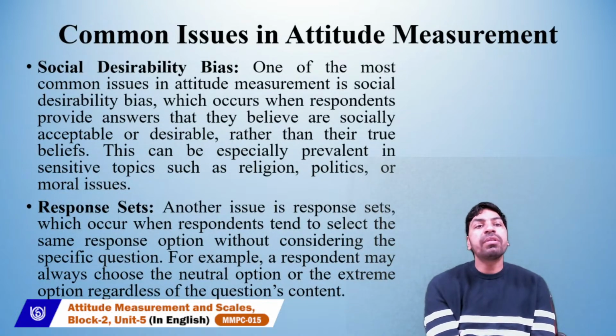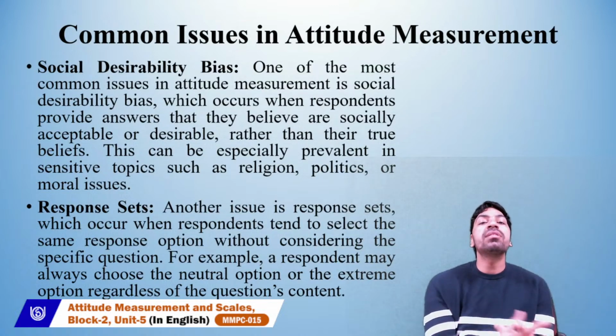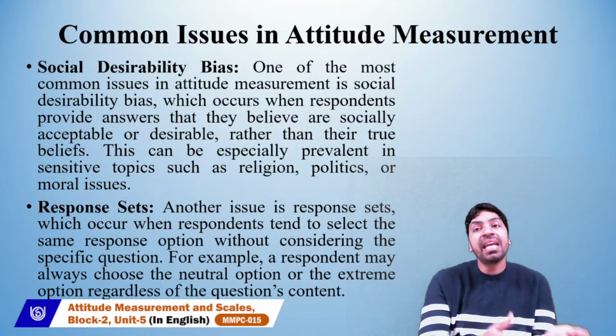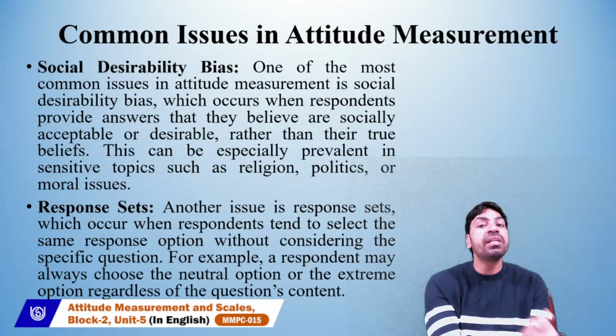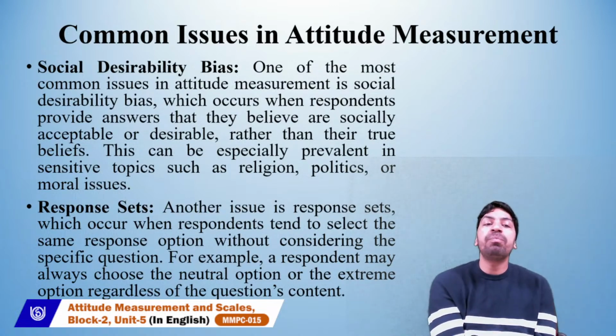Next, we talk about the common issues in attitude measurement. The first one is social desirability bias, as there are always errors when researchers take responses from respondents about their beliefs based on whether they are socially acceptable or desirable, rather than their true beliefs.